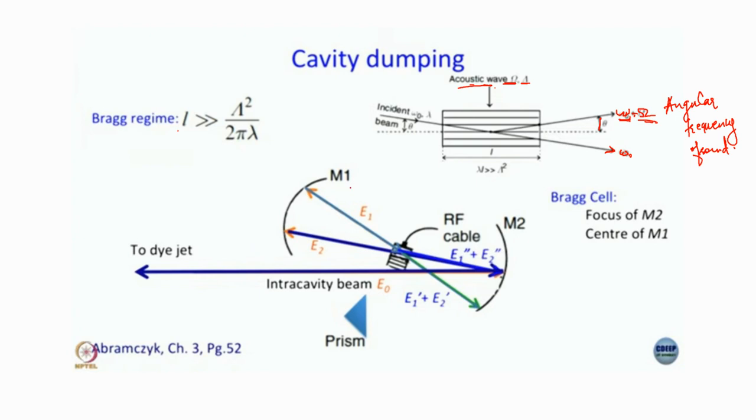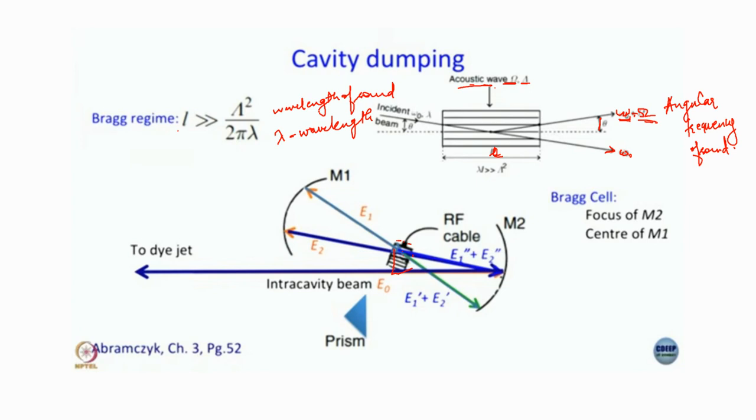Now, in cavity dumping, we prepare a Bragg cell, and we work in the range where L, the length of this passive mode locker which we have kept inside the cavity, should be greater than lambda squared upon 2 pi lambda, where the lambda in the numerator is the wavelength of sound and the lambda in the denominator is the wavelength of light.